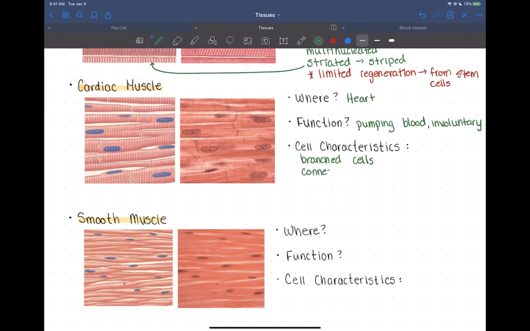So they're connected by what are called intercalated discs. All right, so intercalated discs are the cell junctions specifically found between cardiac muscle cells. And so you can see those here. All right, and you can also see them on the actual microscope picture. They're like these dark lines. Those are the intercalated discs. And so intercalated discs are made of desmosomes and gap junctions.